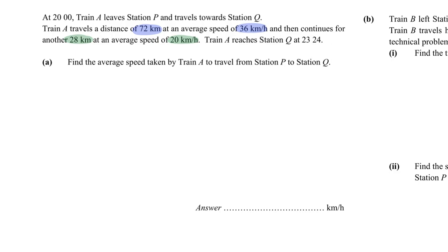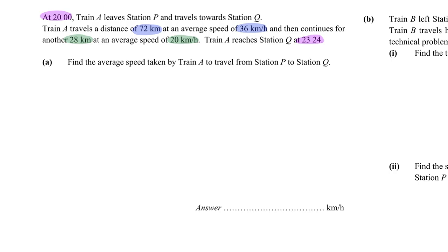It reaches station Q at 11:24 p.m. having started the journey at 8 p.m. So, find the average speed taken by this train A.